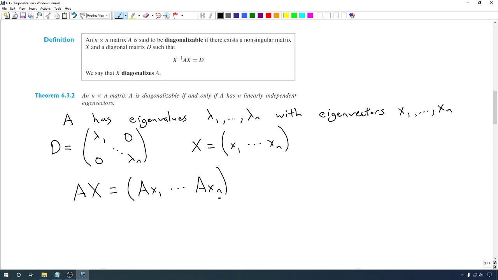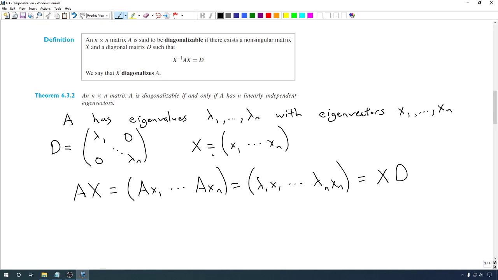Since x1 through xn are eigenvectors corresponding to eigenvalues lambda 1 through lambda n, then A times x1 is lambda 1 times x1, and A times xn is lambda n xn. And it shouldn't be too hard to see that this is actually the product of X with the diagonal matrix D. If you just work it out, you can see that this works out very nicely.